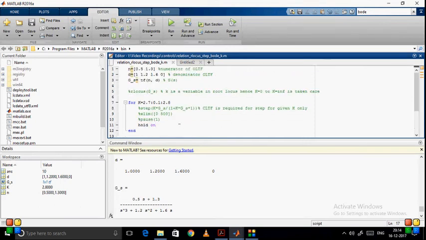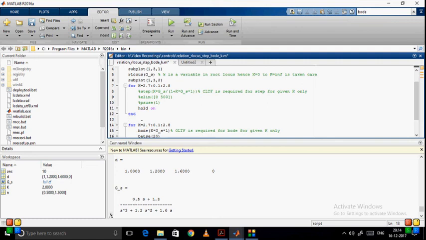Okay, let us try to plot everything in one common output. So let us use subplot for that. So subplot 1 3 1. That is my first subplot for root locus. Then let me use subplot 1 3 2 for time domain, and similarly 1 3 3 for the bode plot.